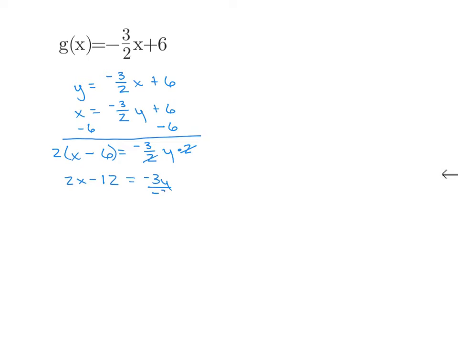And then I can divide by -3 to each term. So we get -2/3 x plus 4 equals y. So my inverse function is -2/3 x plus 4.